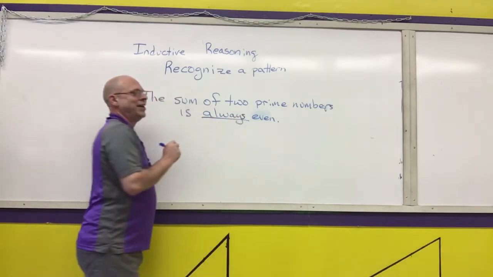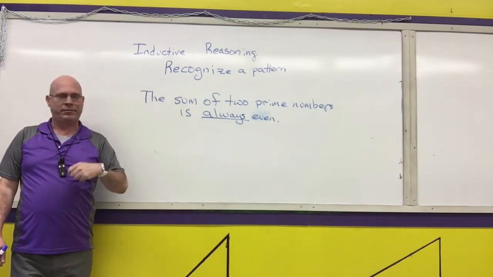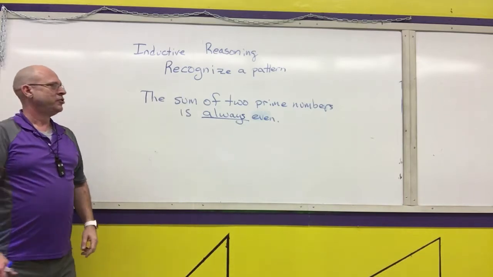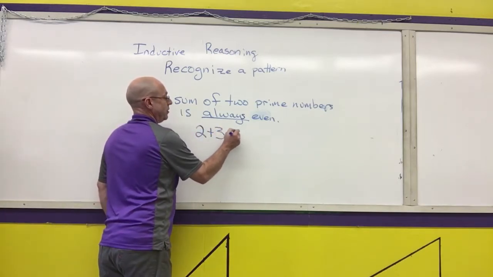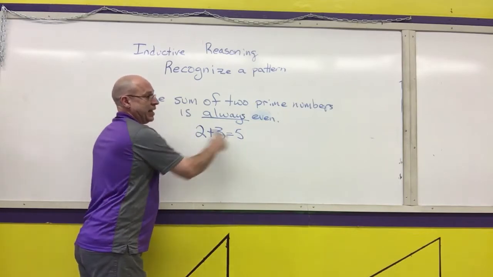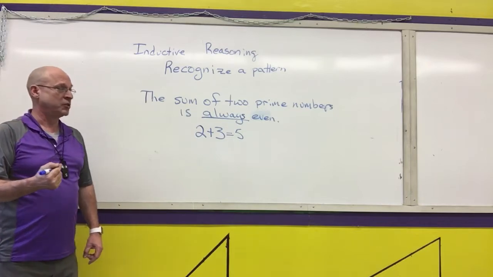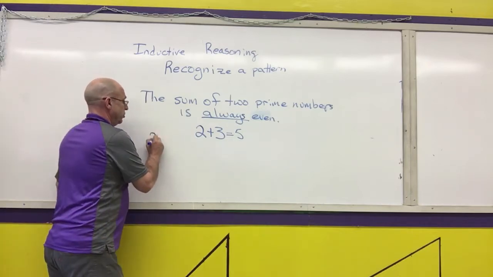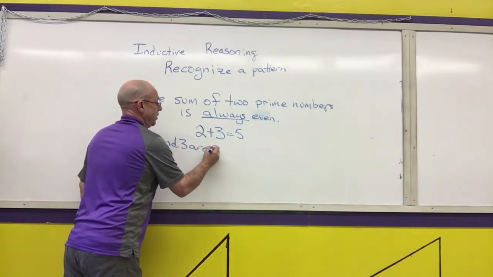Okay? So I need to come up with an example that proves this false, and then I prove it false for basically everything. 2 and 3. So 2 plus 3 is what? 5. Is 5 okay? So we write this down, and for your formal explanation, this is what I need to see for a response. 2 and 3 are prime.